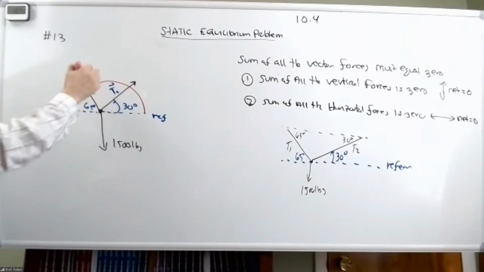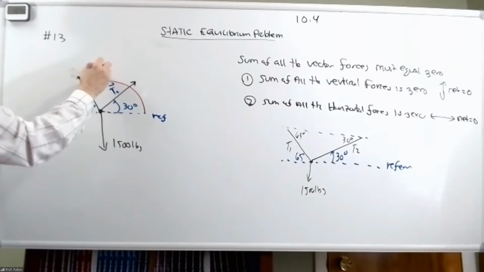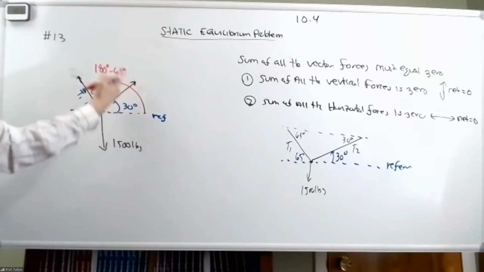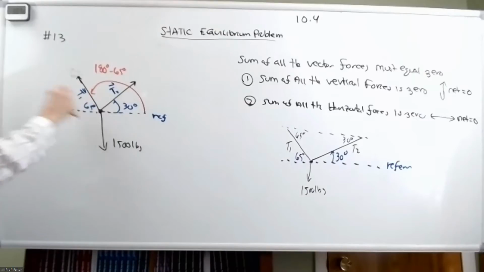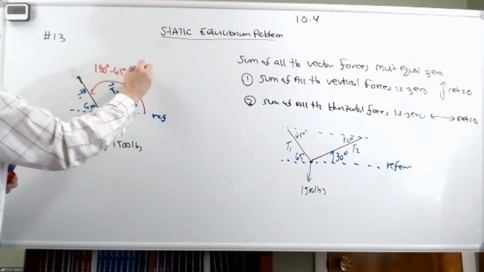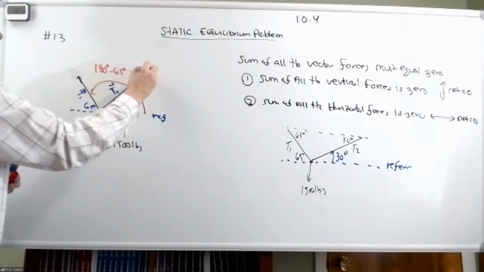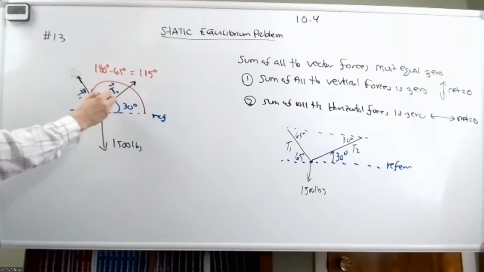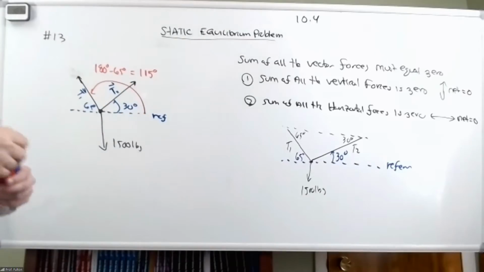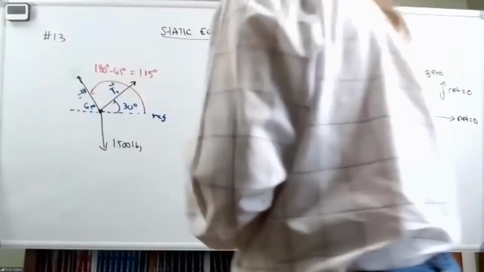So this angle here is 180 degrees minus 65 degrees. If I go from here to here, that's 180, but I'm subtracting off 65. That gives me 115 degrees, so that's this angle here in red. Does everyone see that? Because we set everything up by the references.